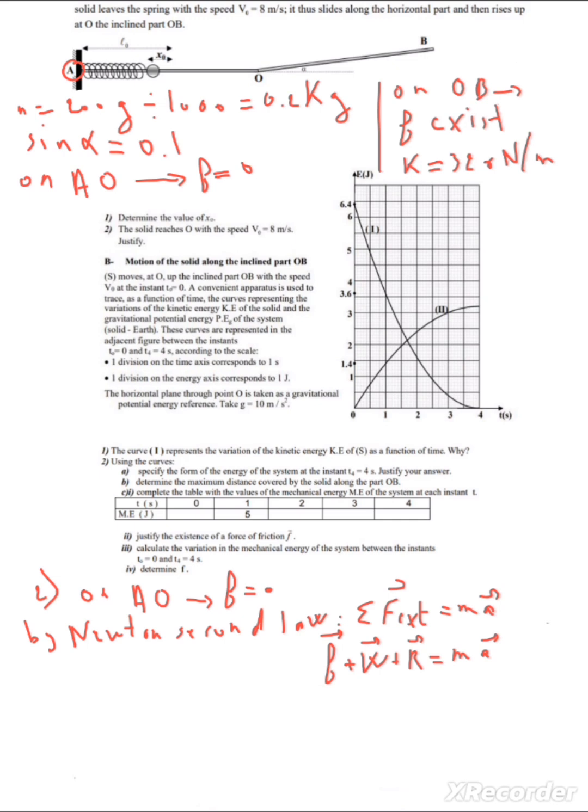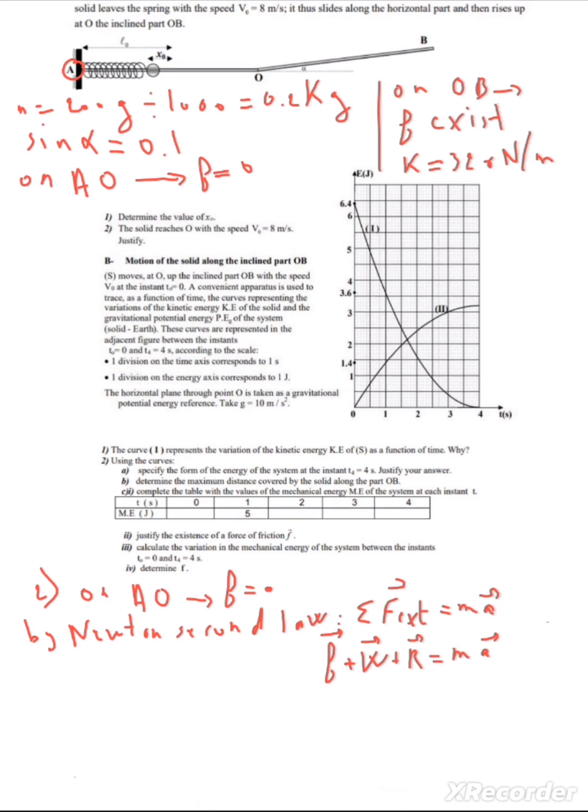So, projection along the motion, weight and reaction of support cancel. Simplify.